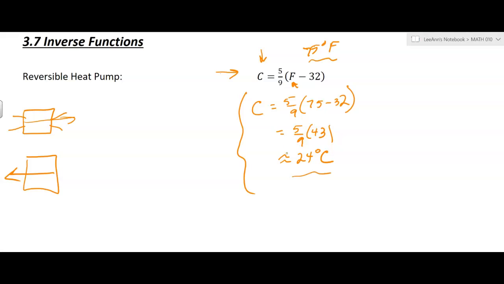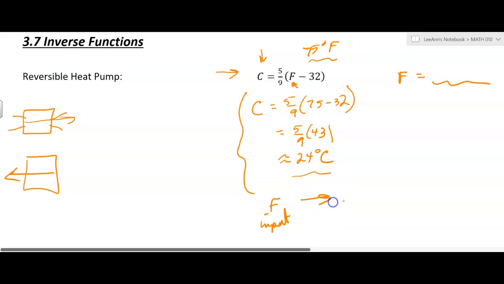But what you could do is rearrange the equation so that it was Fahrenheit equals blah, blah, blah. And we're going to do that later on in another video. But that's the idea of inverses. Here we are given Fahrenheit, that's our input, and then the output is the Celsius temperature, right?